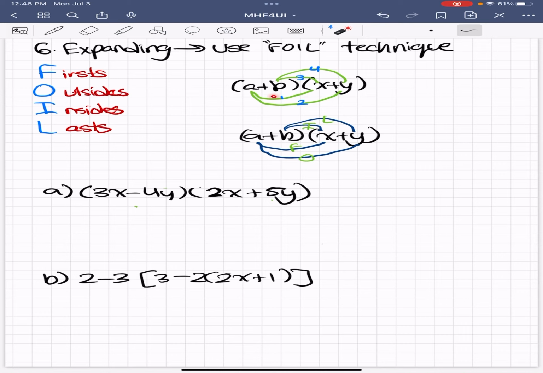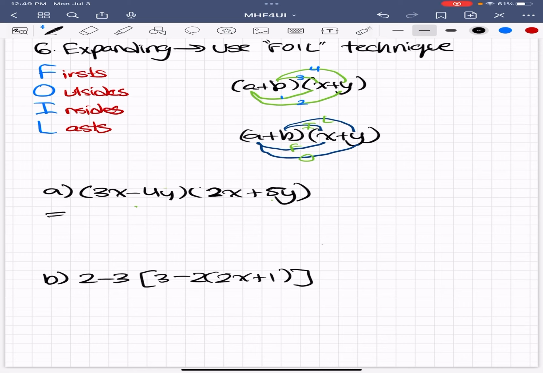And I've numbered them here: first, outsides, insides, and lasts. F, O, I, L. We're going to do some expanding.